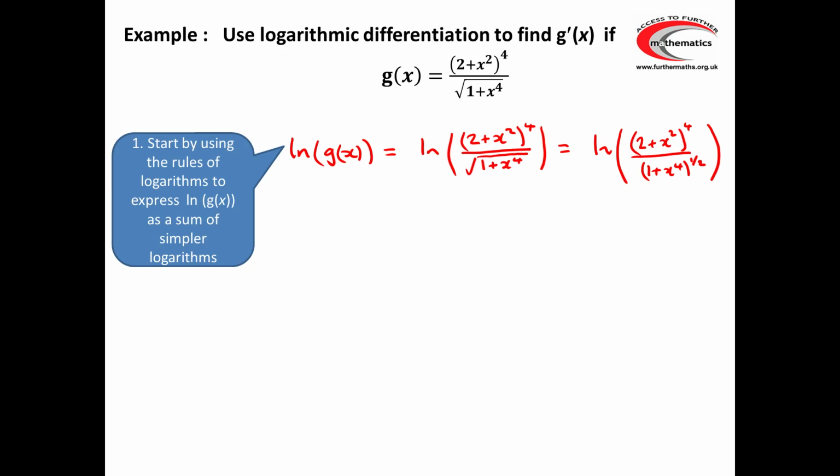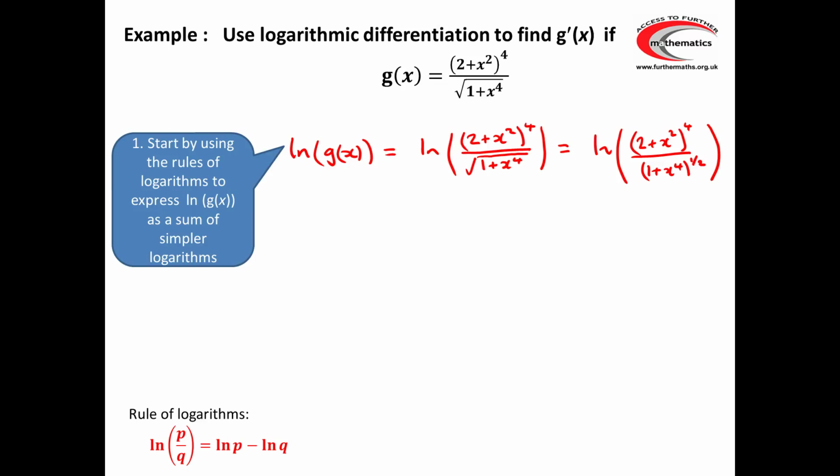Now at this stage we need to remember some of the rules of logarithms. In particular, we've got the logarithm of something divided by something else. Our rule of logarithms tells us that the logarithm of p over q is the same thing as the logarithm of p, take away the logarithm of q.